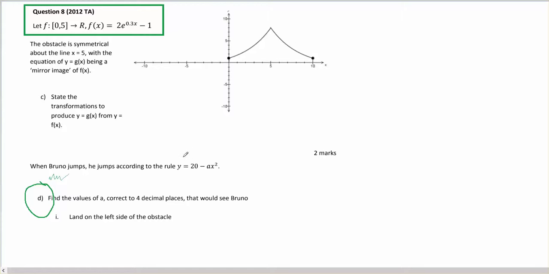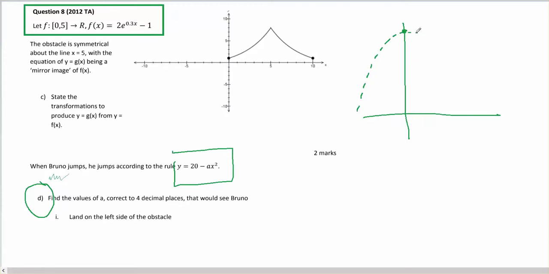Okay, Bruno jumps by this rule here. So he's jumping according to this rule. This rule starts at 20 and is a parabola that has a negative value.